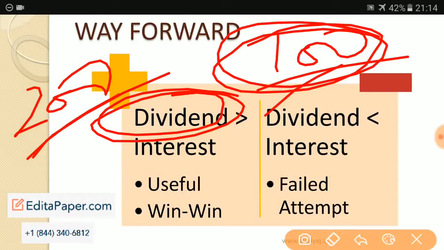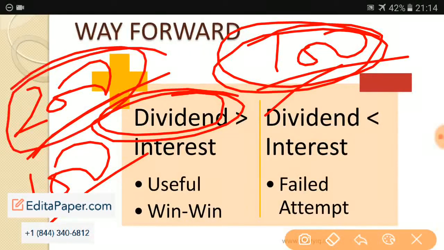So basically, if the banks perform well, then the fear we had regarding the increased fiscal deficit would be done away with, because if dividends are more than interest payments, then ultimately the government would be earning some profit. That would be a win-win situation. But if the banks are not performing up to the mark, then the dividend would remain low.